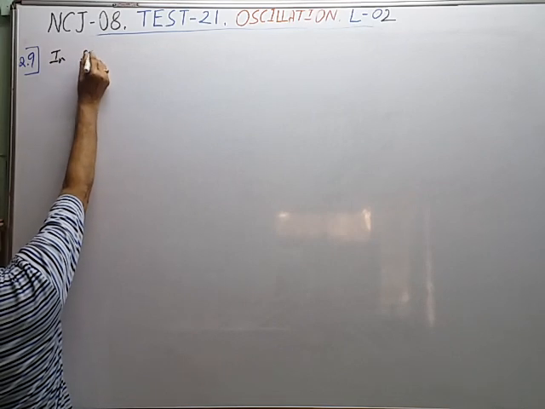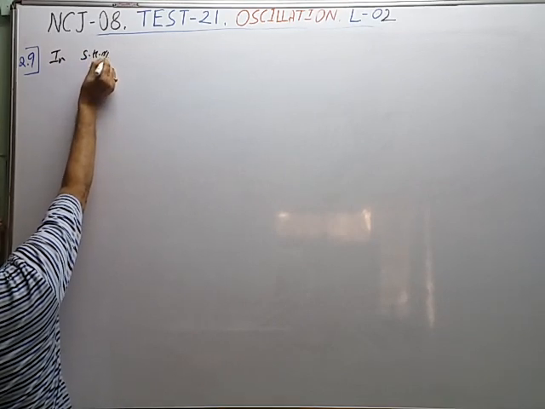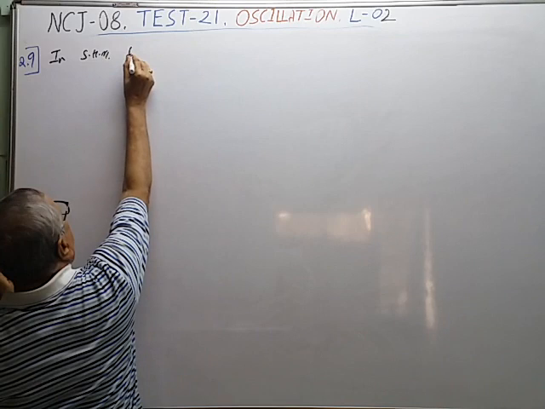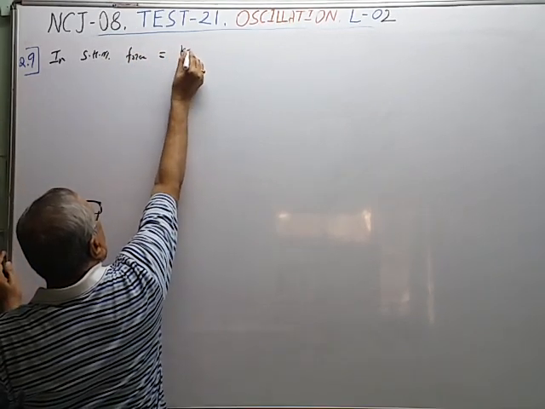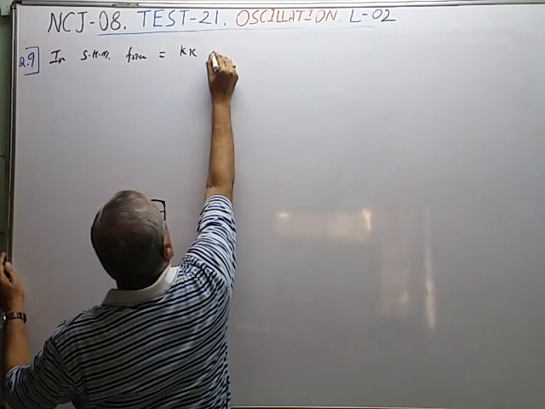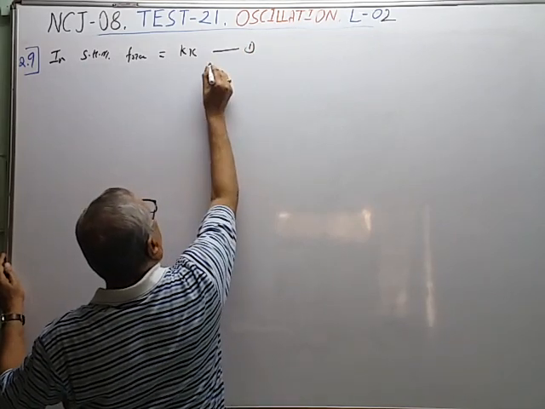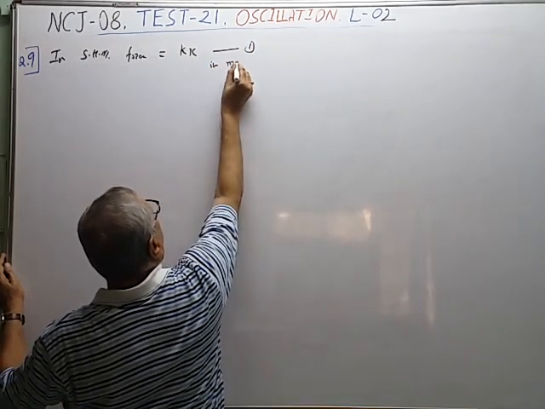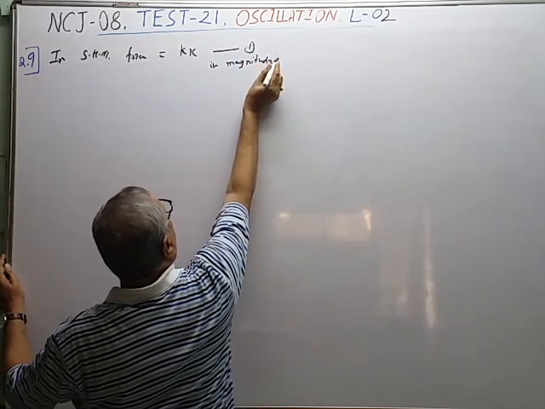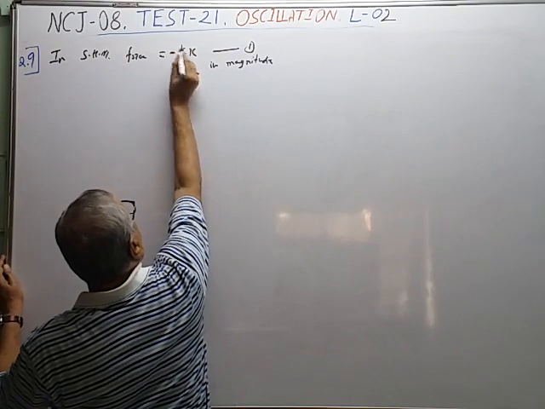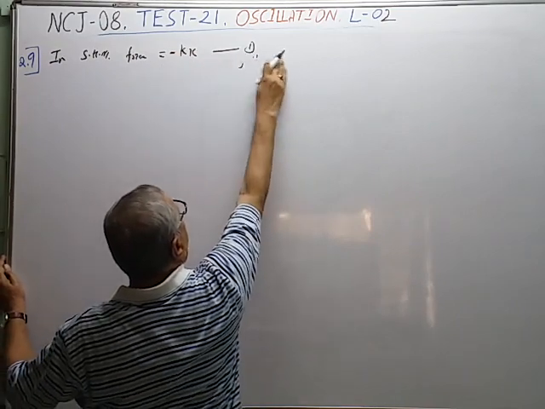In SHM, force F is equal to kx in magnitude, equation 1. So this is F is equal to minus kx.